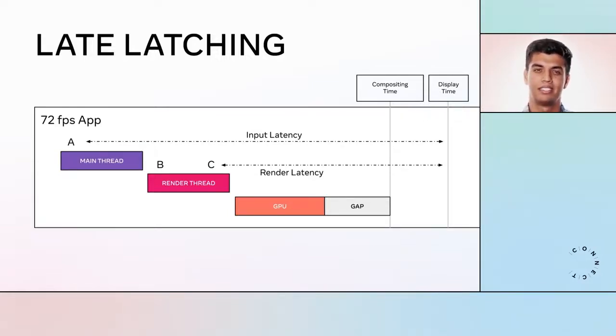Right? Wrong. Late latching is ultimately built on the concept that when using the Vulkan Graphics API, we can actually update our uniform buffer memory region even after that initial write to the region. Why?